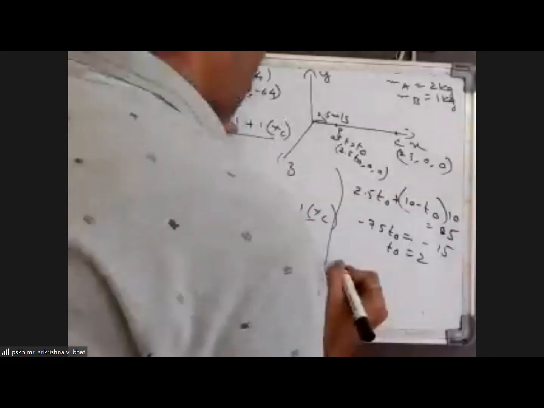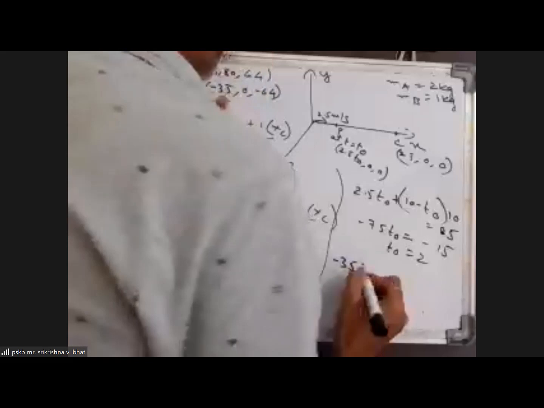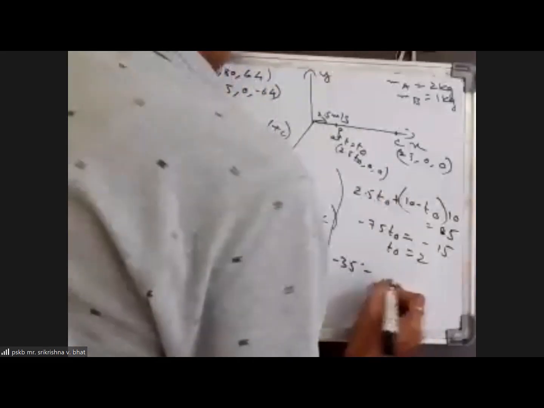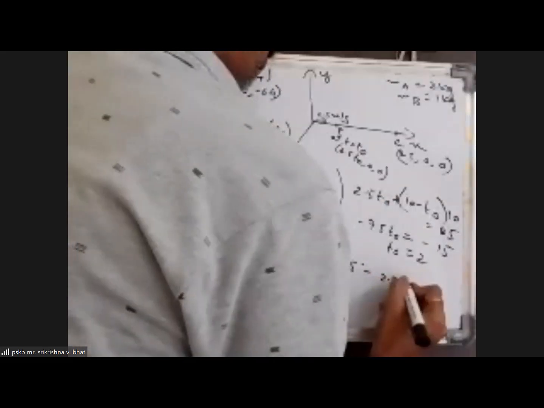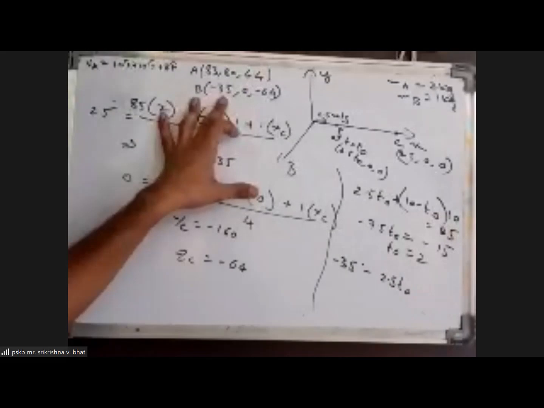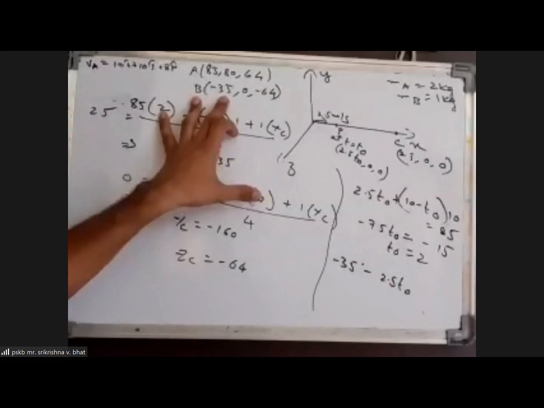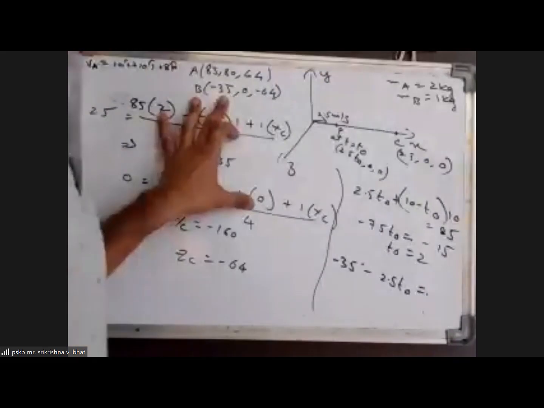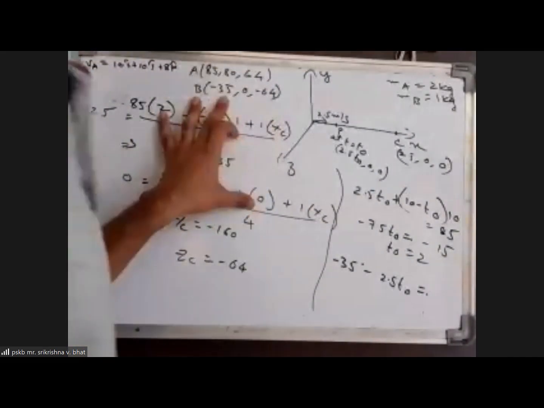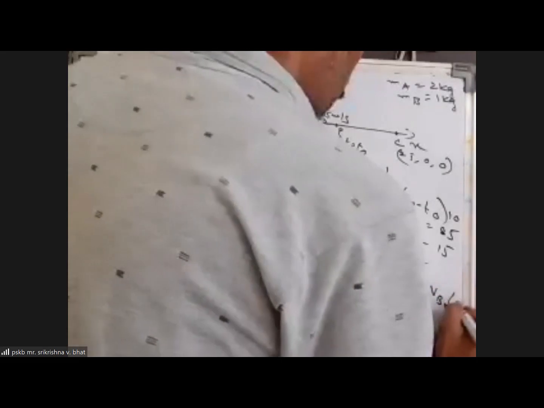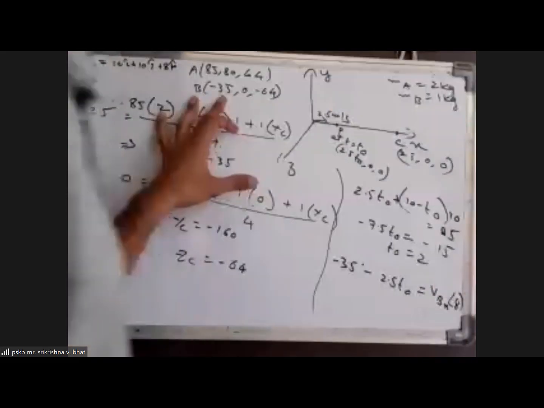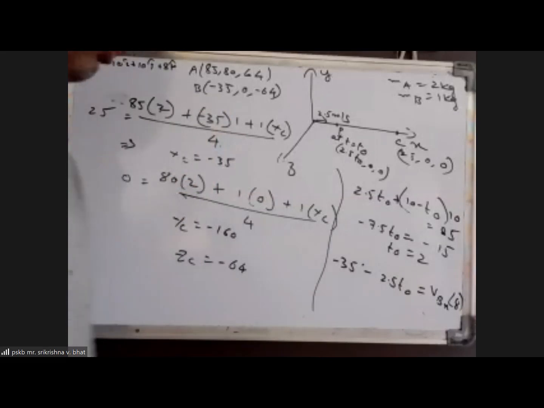So I can say minus 35 minus 2.5 T0. This is the change in x coordinate of B, minus 35 minus 2.5 T0. This should be equal to the velocity of B in x direction, VBX, into 8, and we can take T0 as 2 seconds.